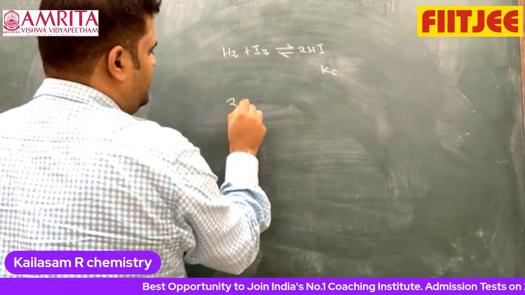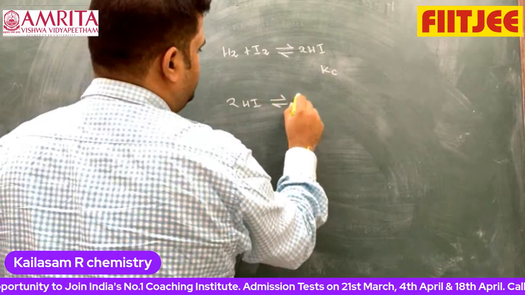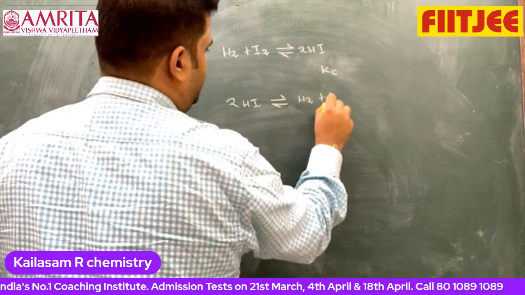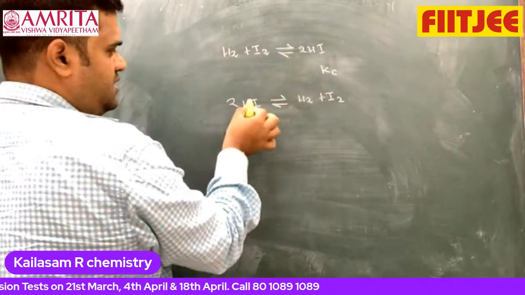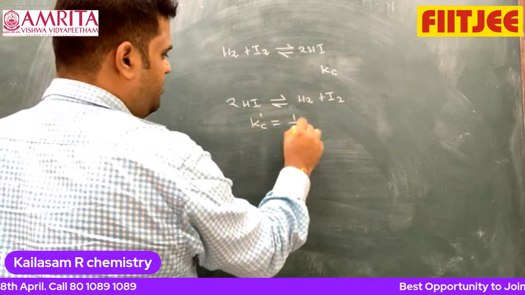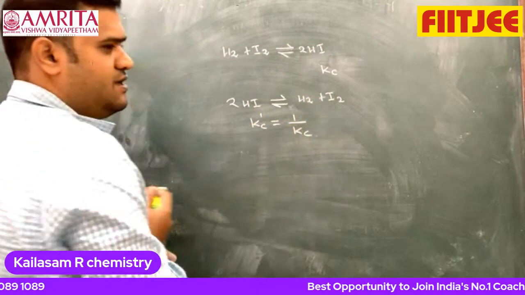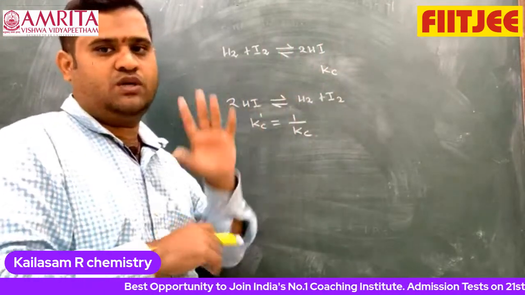Now I am writing 2HI equilibrium H2 plus I2. This is the equilibrium constant of the forward reaction, and this is the equilibrium constant of the backward reaction. I can write Kc dash is equal to 1 by Kc. That means the equilibrium constants of forward and backward reactions are inverse of each other.